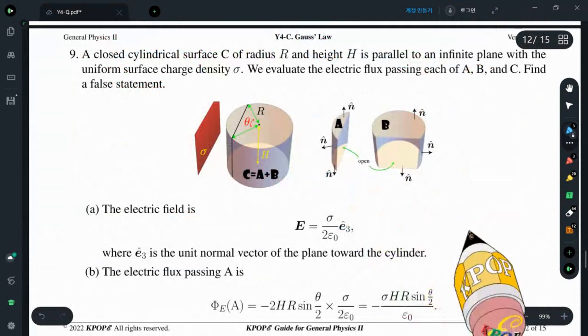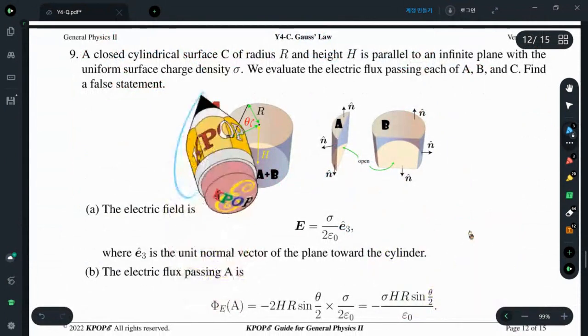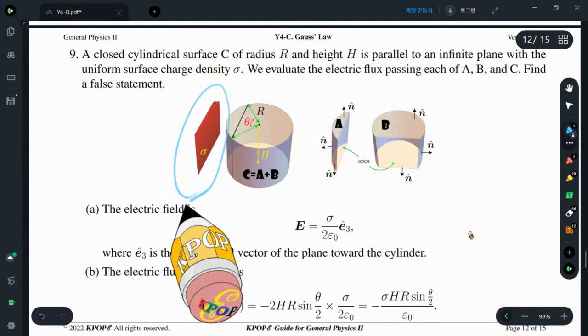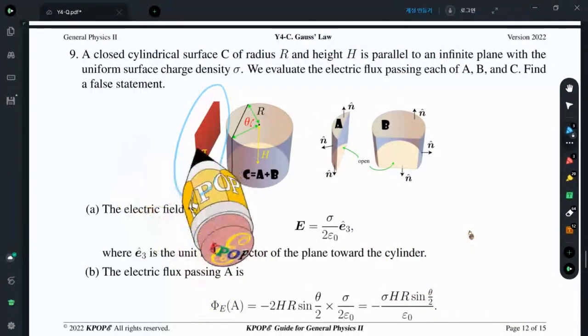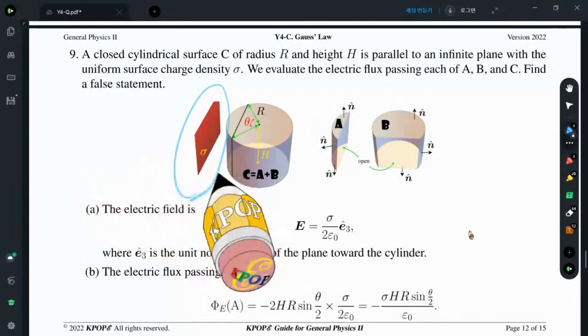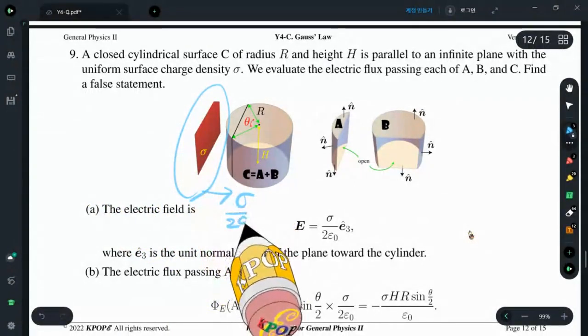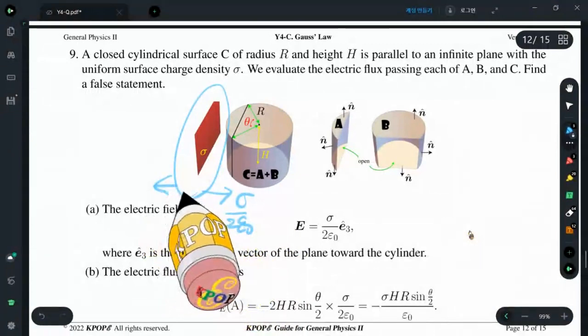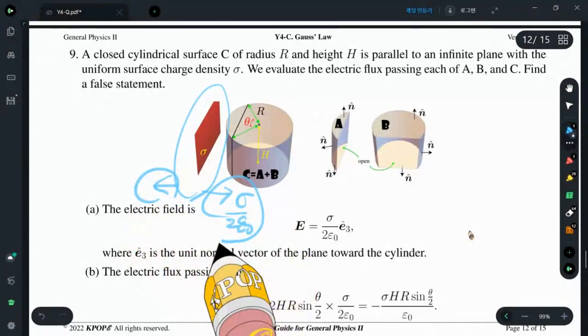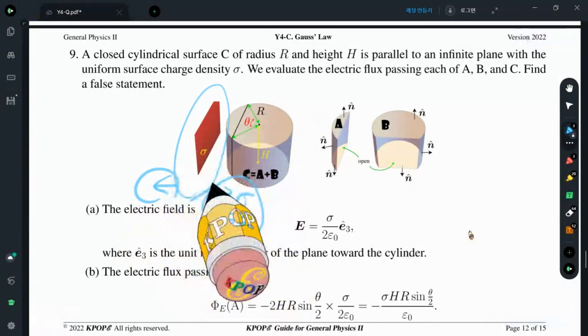Number 9, what happens in the case where we have a uniform charge? The uniform charge distribution has sigma over 2 epsilon 0 along both sides, a uniform electric field.